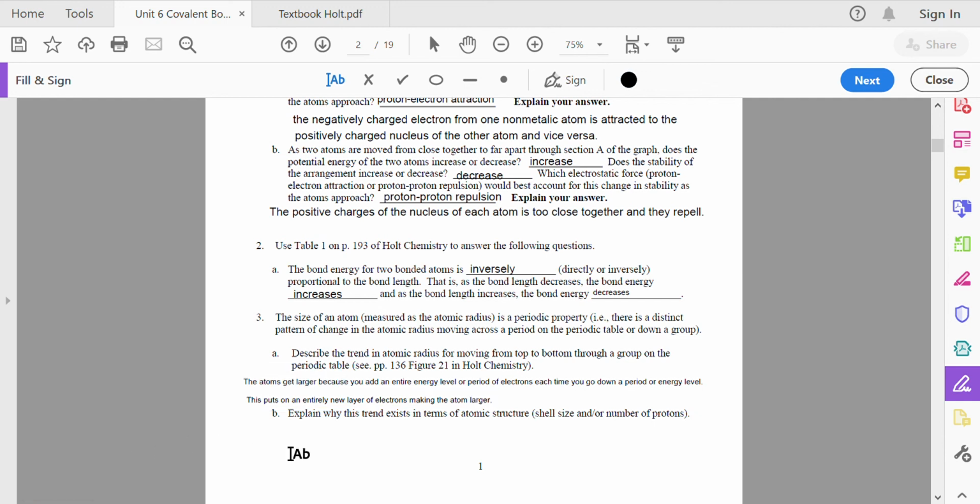Okay. Explain why this trend exists in terms of atomic structure, shell size, and/or number of protons. I think I answered that in part A.